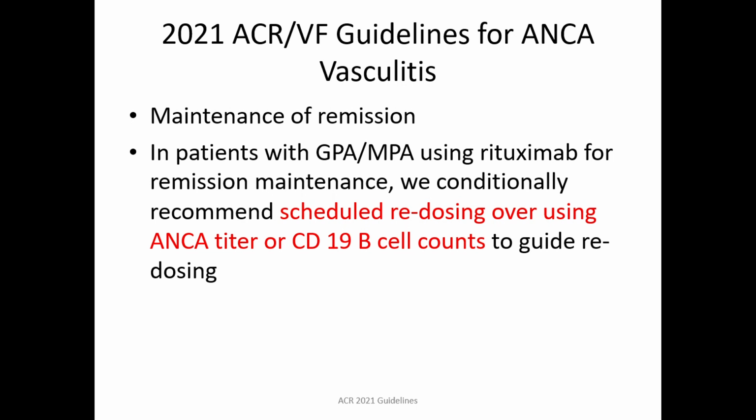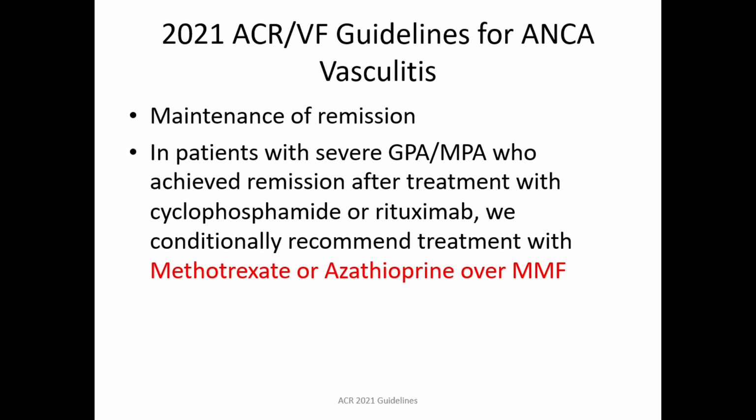And that is something that is practiced, and that is what the ACR is now recommending. In patients with severe GPA or MPA who entered remission after treatment with cyclophosphamide or rituximab, the ACR conditionally recommends treatment with methotrexate or azathioprine or mycophenolate. So again, mycophenolate is of not much use here, I'm afraid.